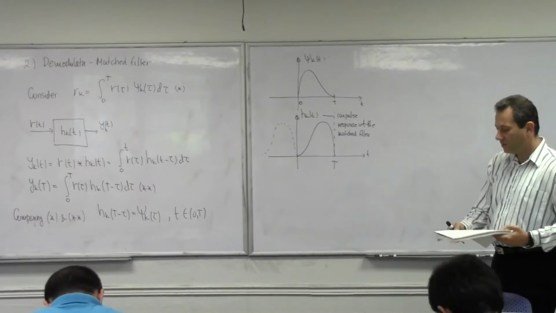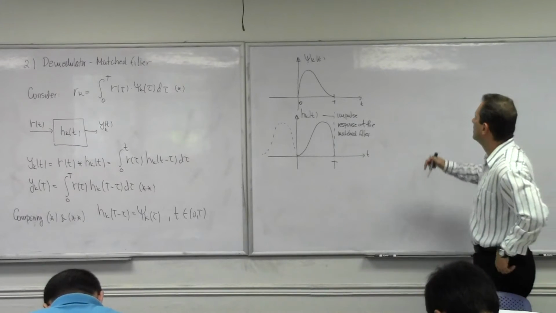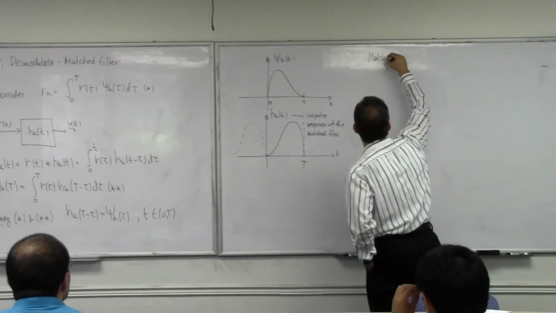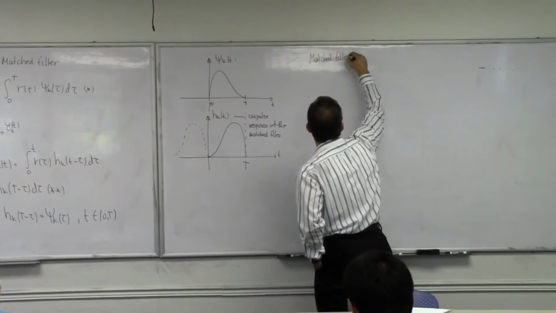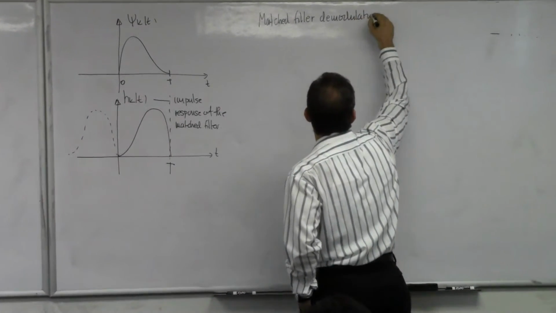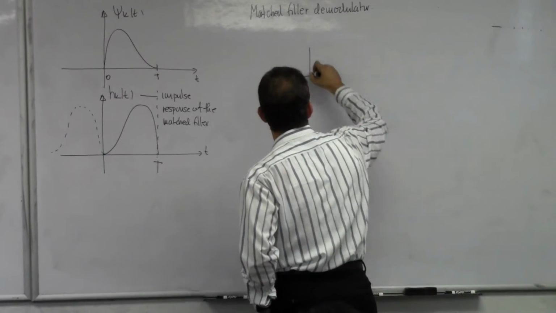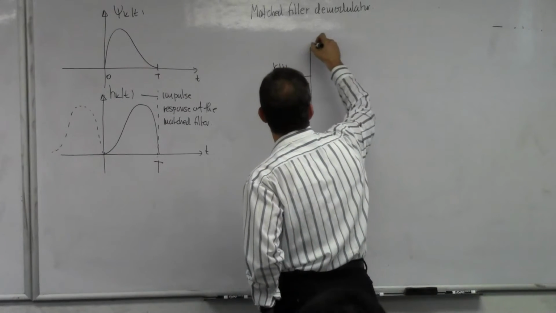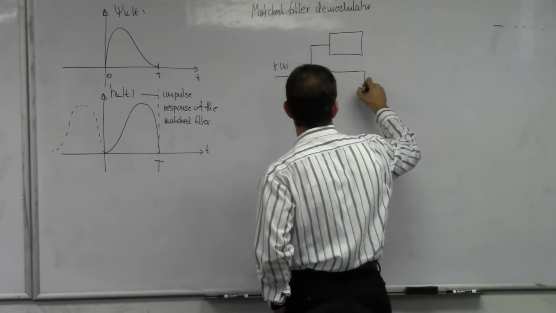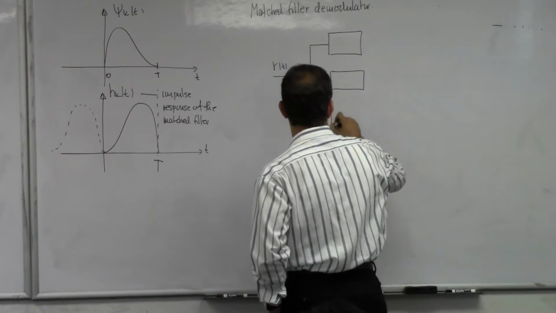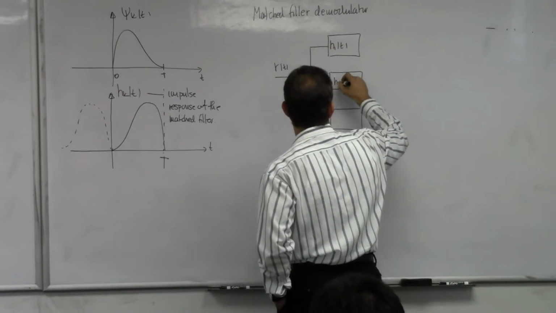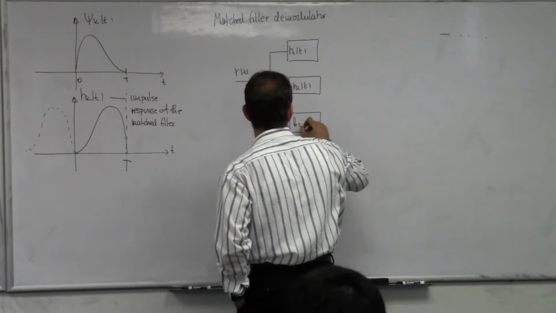Okay. So how would the matched filter receiver look? Well, the matched filter receiver or demodulator: you have your R of t coming in. Now you have all of these filters that have impulse responses that are matched to your basis vectors. So this is h1 of t, h2 of t, h3 of t.